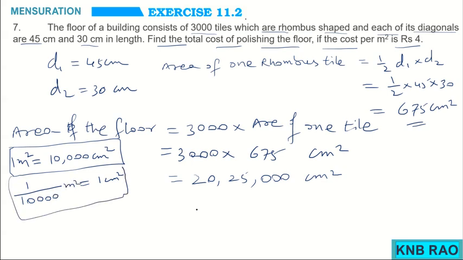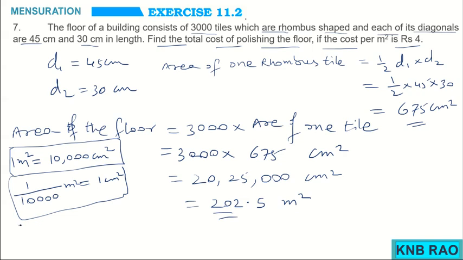So by the unitary method, this can be converted into meter square by dividing this number with 10,000. So the zeros get cancelled and 2025 by 10 becomes 202.5 meter square. Now this is the area of the floor in meter squares.